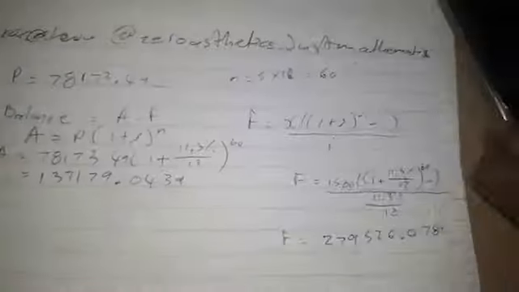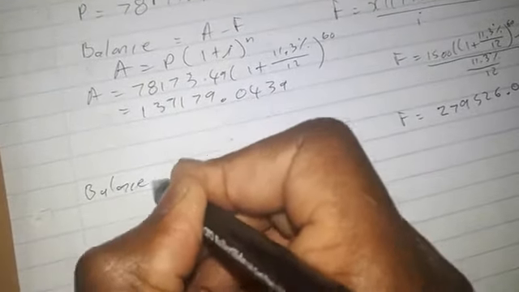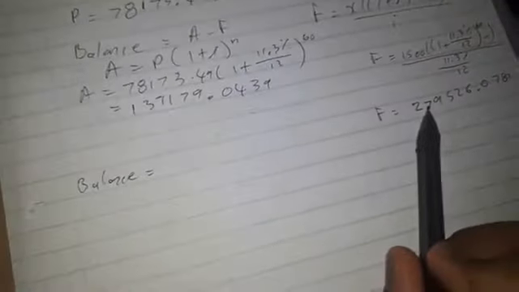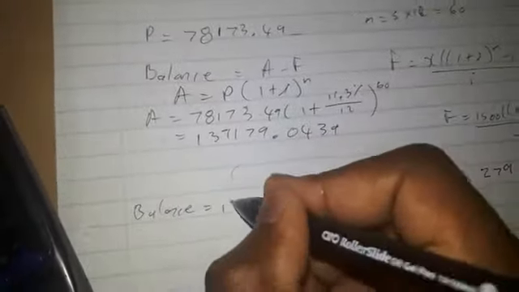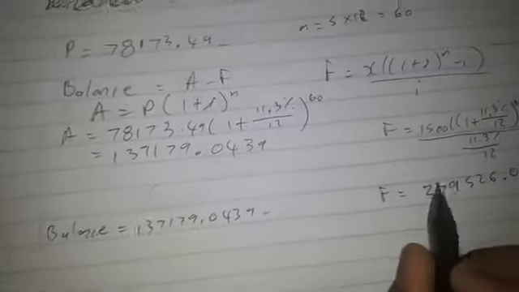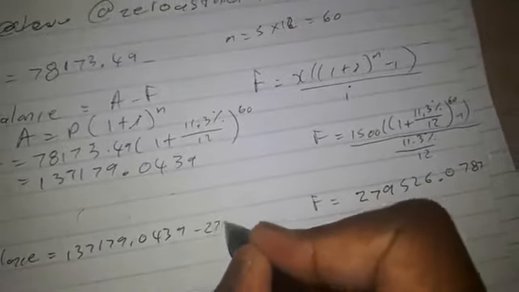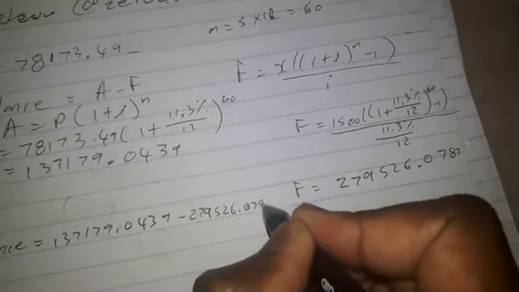279,526.0787. So our balance is going to be this number minus that number. Let's just put it into our calculator. Let me write it out also: 137,179.0439 minus this number, 279,526.0787.